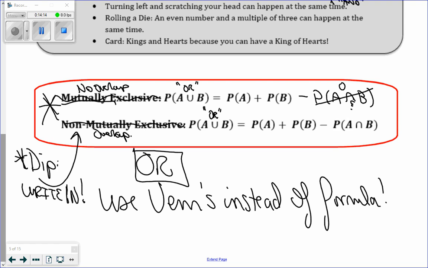When you sit down, you're going to tear out the formula sheet at the back of the test, and the first thing you do is go to this section right out of the middle. Beside the OR formulas, you're going to write ME for mutually exclusive and not ME by the other. Quickly write that in, tuck it away, and not worry about it.